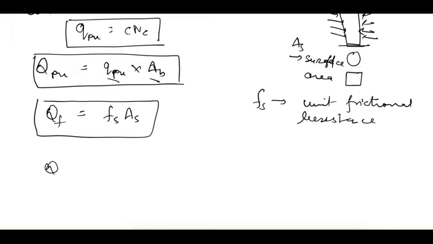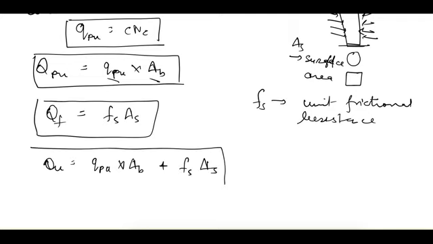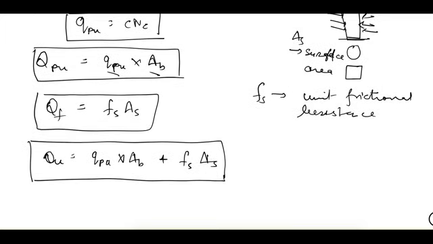So we can write the total or the ultimate capacity of the pile. QU is equal to QPU into AB, that is area of the base, plus Fs into As. So that way we can find out the ultimate capacity of the pile.